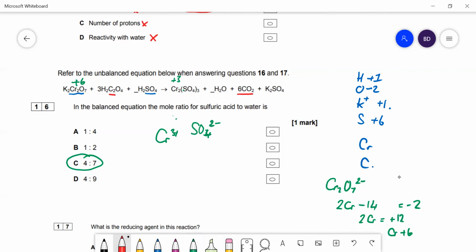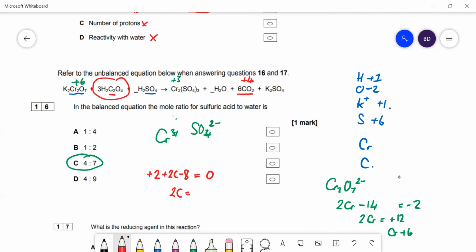The oxidation number of carbon in carbon dioxide, that's an easy one, that's +4. What's the oxidation number in this ethane dioic acid? Well, there's no charge on the species, 0. We've got 2 hydrogens, that's +2. We've got 2 carbons, and we've got 4 oxygens, so that's -8.